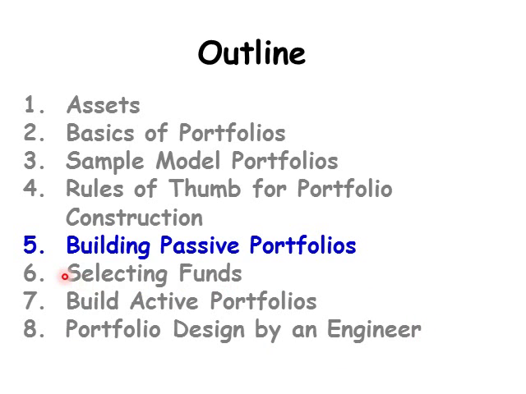Selecting funds is part of building an active portfolio, so I split that into selecting funds, which I need to do before I build an active portfolio. Also I will show you how an engineer would design a portfolio.